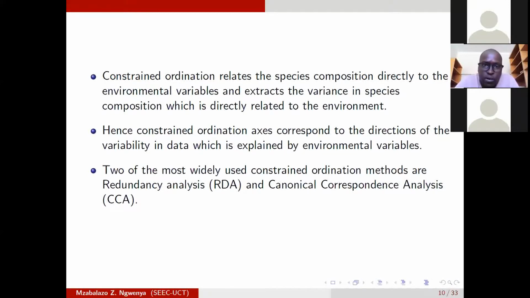So hence our constrained ordination axes correspond to the directions of variability in the data which is explained by environmental variables. That's what I've just said. Okay. Two of the most widely used methods are redundancy analysis and canonical correspondence analysis.